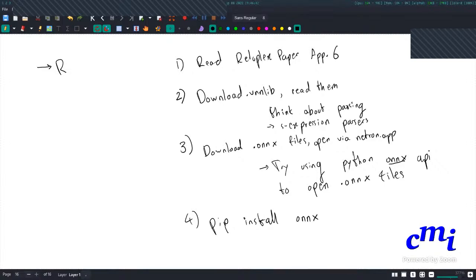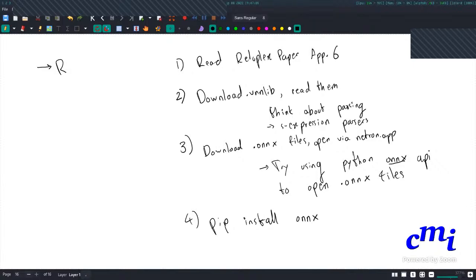Give them some inputs and they can run it. But the issue is that even before that, we'll have to actually be able to open up these .onnx files and load them. That's right. So that is 2, 3, and 4. And after that, maybe we could give some exercises.